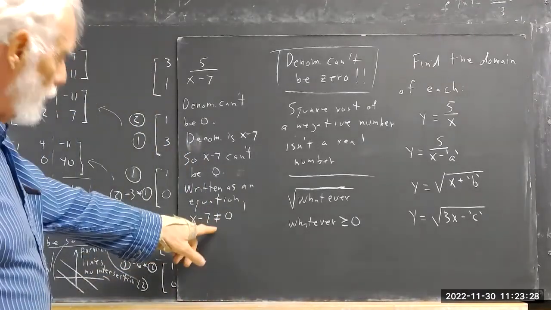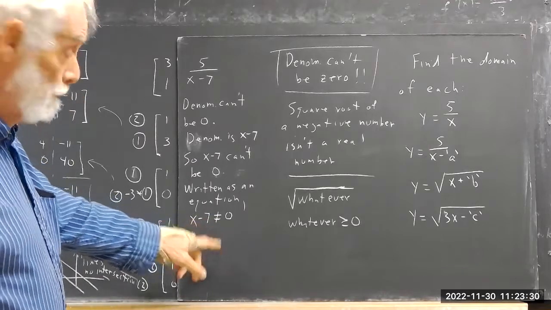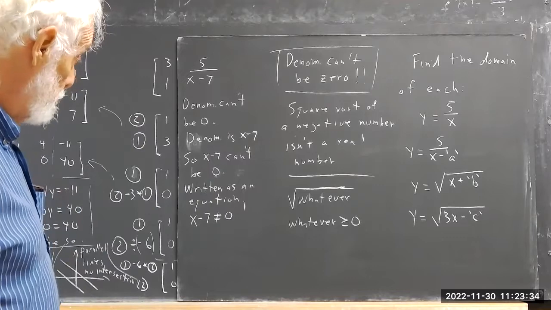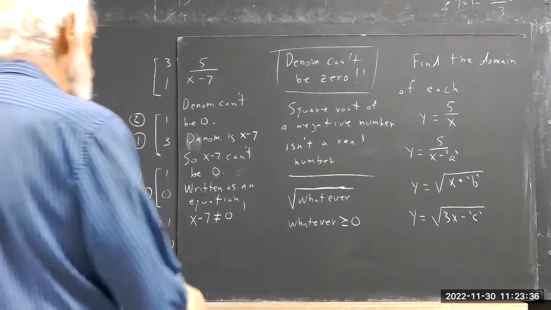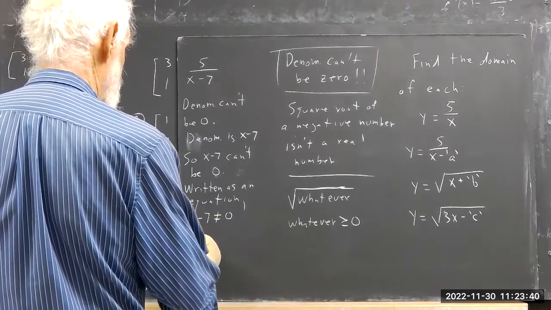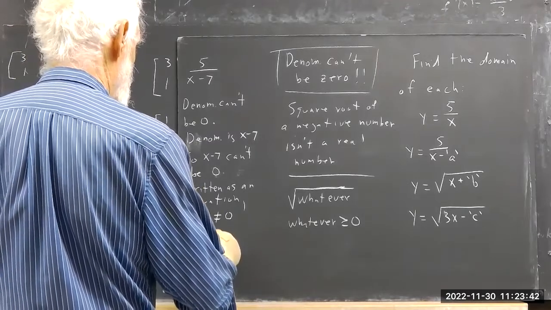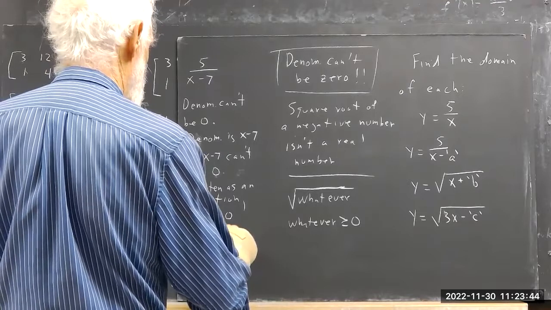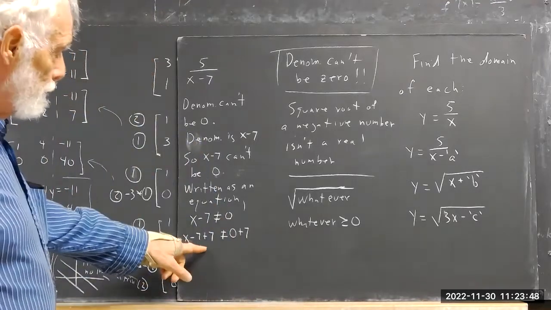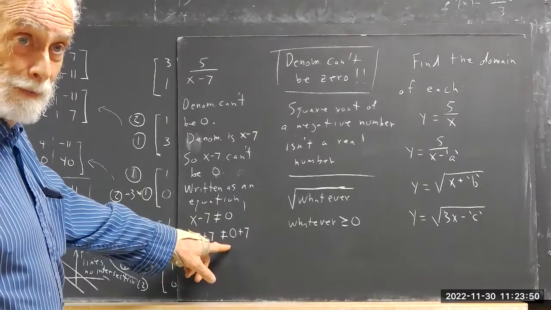x minus 7 is not equal to 0. Not equal is an equal sign with a slash through it. Okay, we can add 7 to both sides. x minus 7 plus 7 is not equal to 0 plus 7.